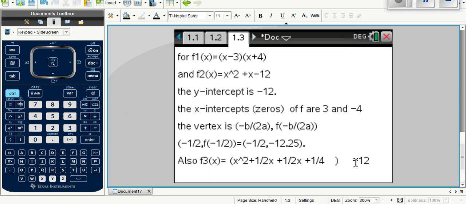So that minus quarter, I'm going to cut it out of here and move it outside the parentheses, like so. And then decide what this is.